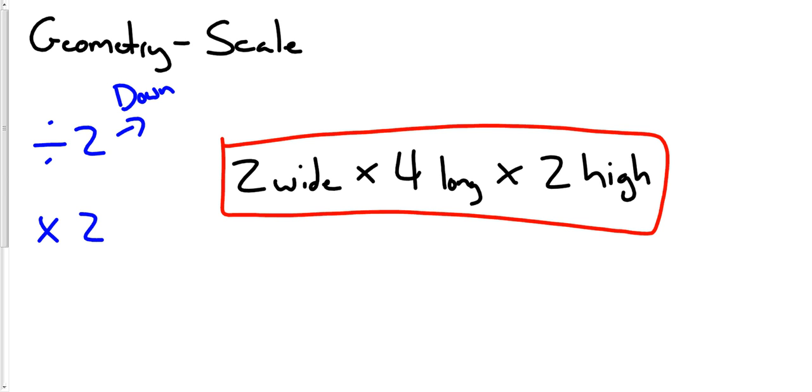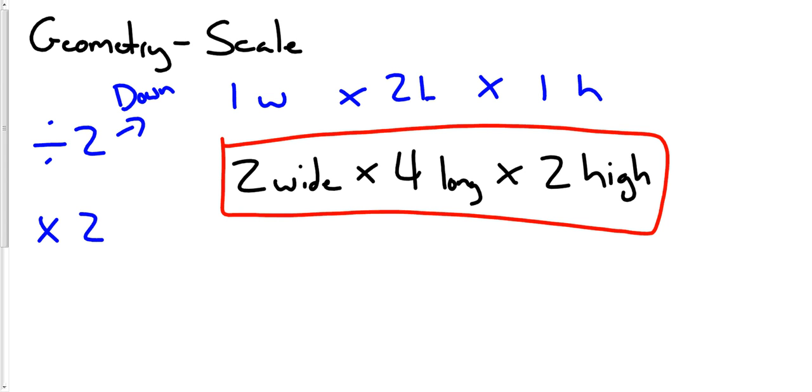So I would take 2 divided by 2, and so this becomes 1 wide times 2 long times 1 high. Okay, so I'm just scaling this. In this case, I've scaled down.